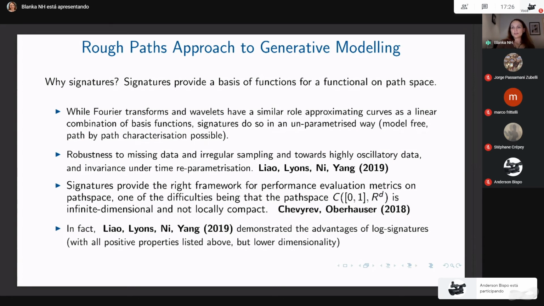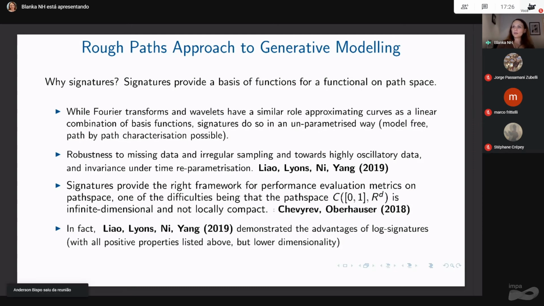Signatures also provide the right framework for this performance evaluation metric. There is a very nice paper from Ilya Chevyrev and Harald Oberhauser, so again this group in Oxford, who developed a maximum mean discrepancy-based metric to generalize this idea of moment matching from marginals to the entire path space.